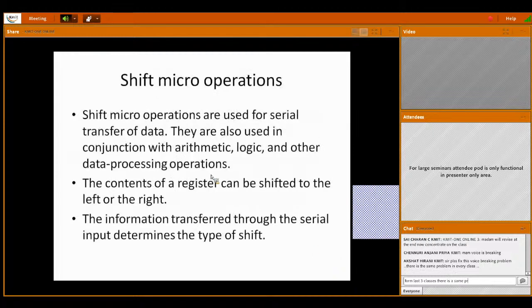I'm going to explain it again. In the previous class, we discussed the logic micro operation, and the last category of micro operations is the shift micro operations, right?